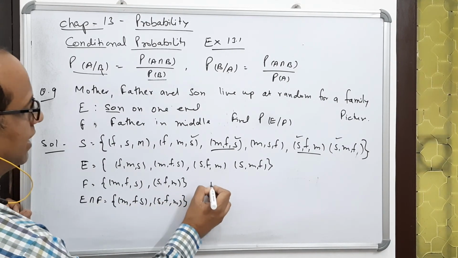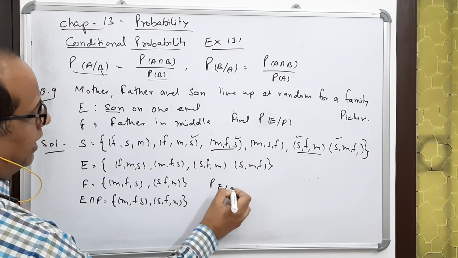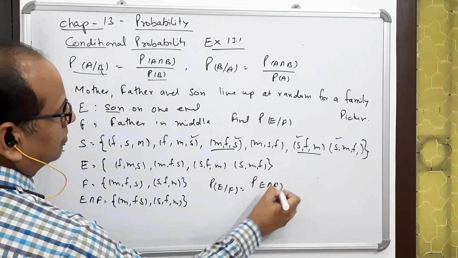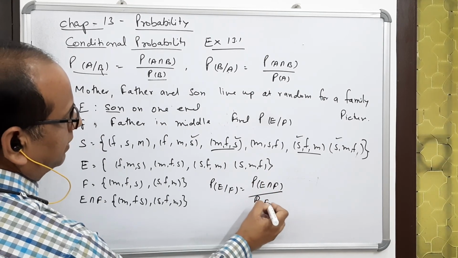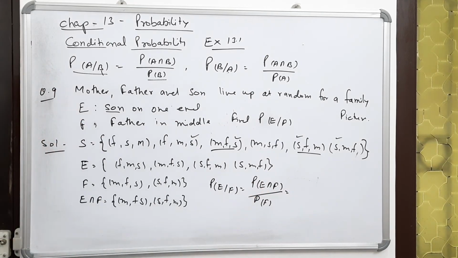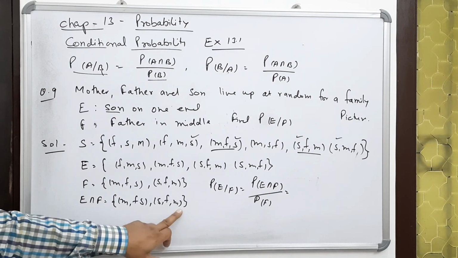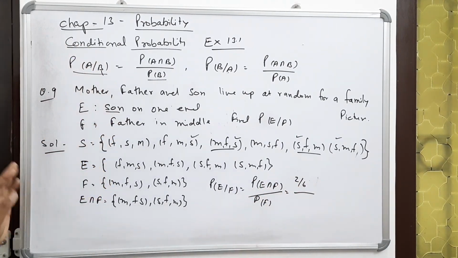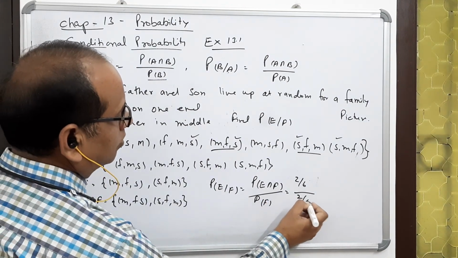So what is P(E|F) when F has already occurred? It is intersection divided by P(F). Now you see the intersection here. The intersection will be 2 upon 6. And what will be the F? That will also be 2 upon 6.